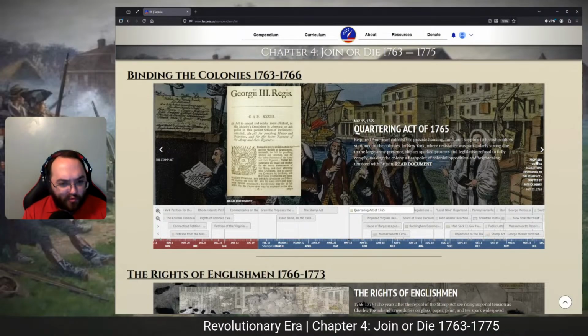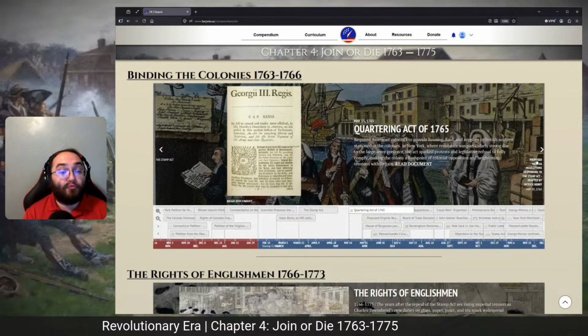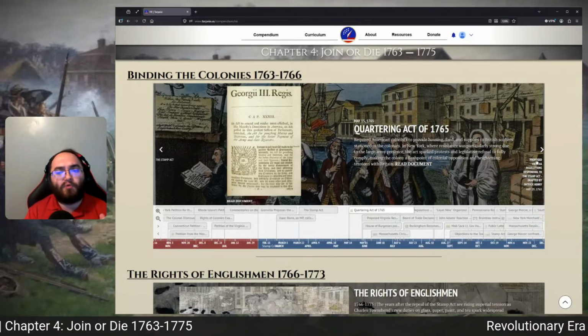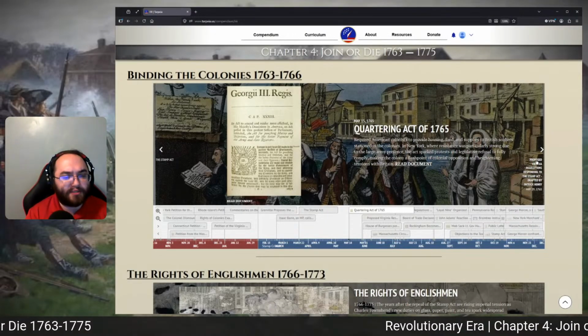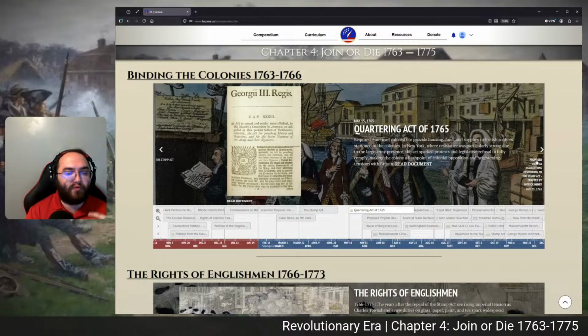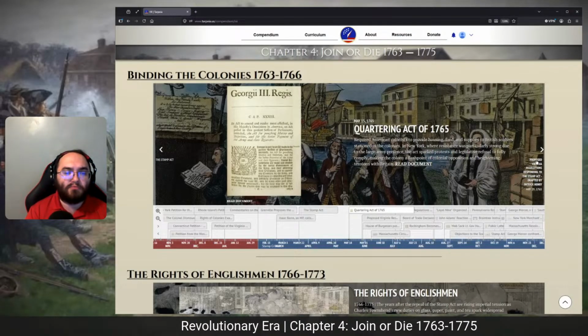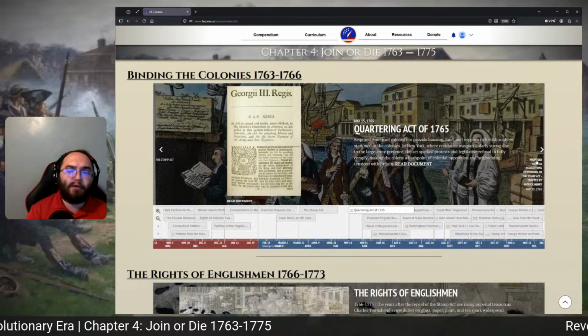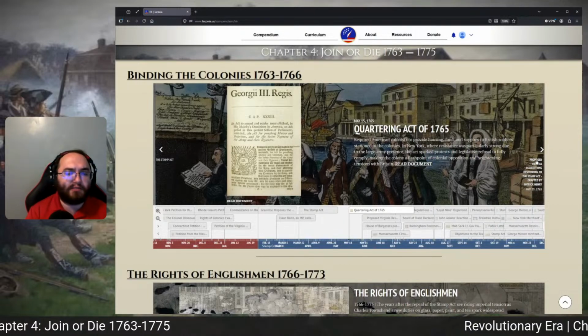And so New York will refuse to enforce the Quartering Act, and this Quartering Act forced New York to provide housing, or quarters, to provide clothes, ammunition, food, water, transportation, and all these things.